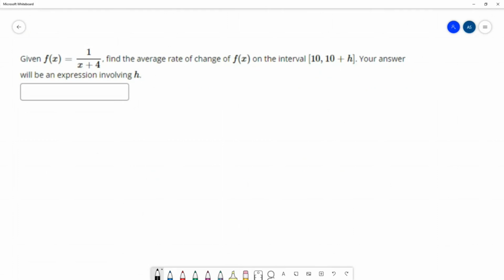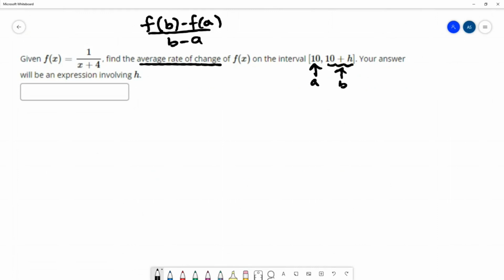So we want to calculate the average rate of change, and the formula is very similar to slope: f of b minus f of a over b minus a. We'll use 10 as a and 10 plus h as b.